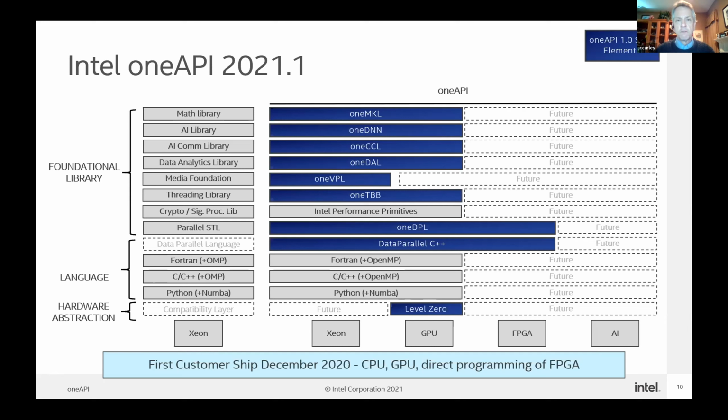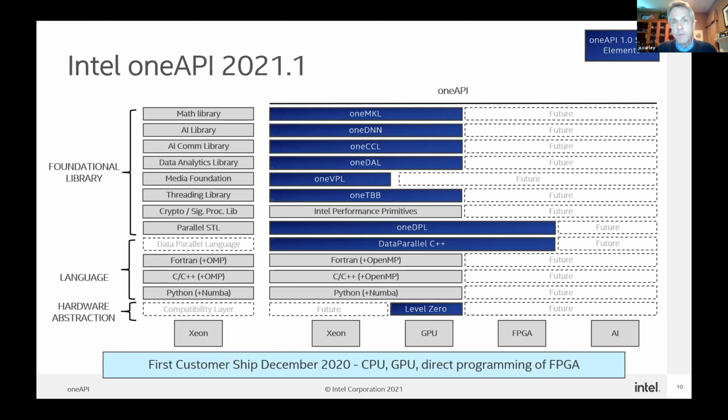This helps people higher in the stack, for library developers. It creates a virtualized interface that helps them write more effectively and get greater scale out of the libraries to diverse hardware underneath. Today, we have it available on Intel GPUs. In the future, we'll look to expand it to other Intel devices.